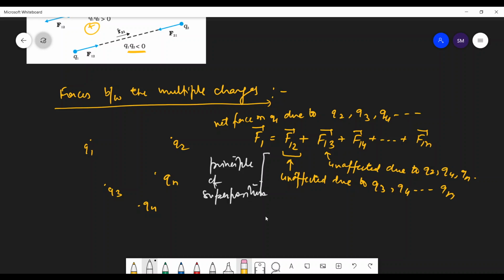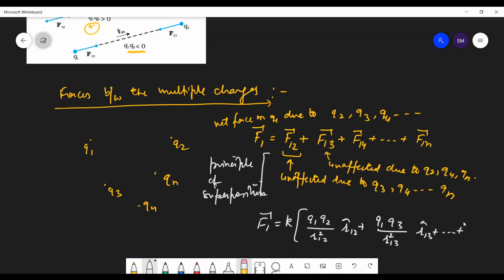And I can simply write this F1 as: there will be a constant, so K will come outside, and I will write F12 as Q1 Q2 by R12 squared times the unit vector R12, plus Q1 Q3 upon R13 squared times the unit vector R13, and so on.